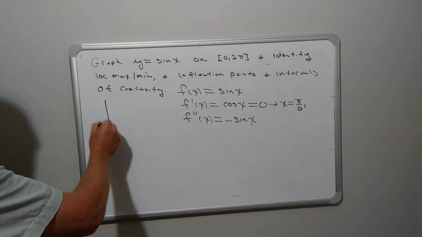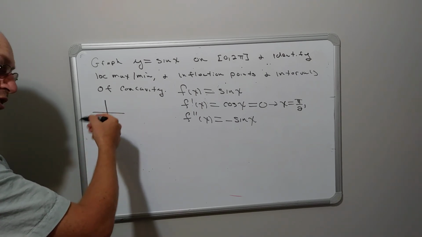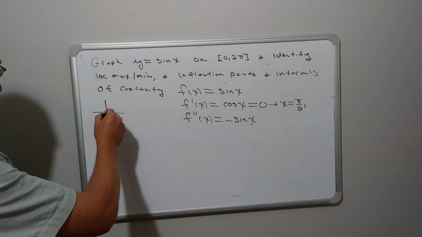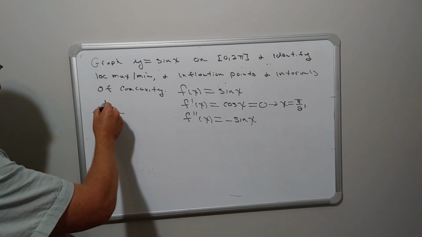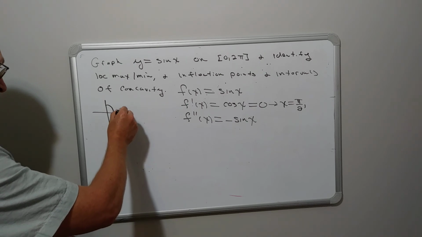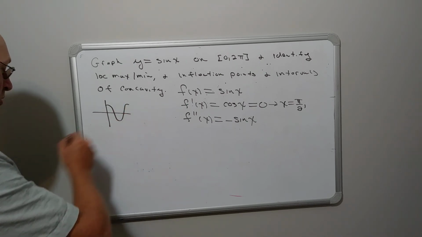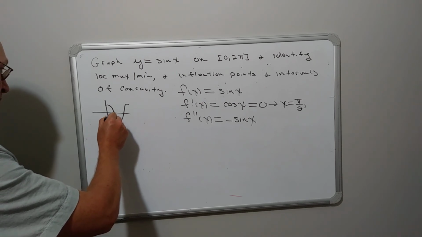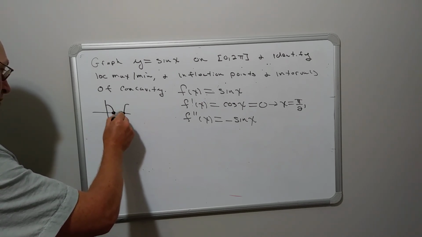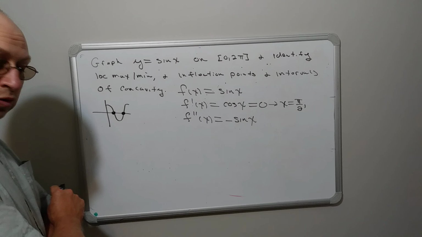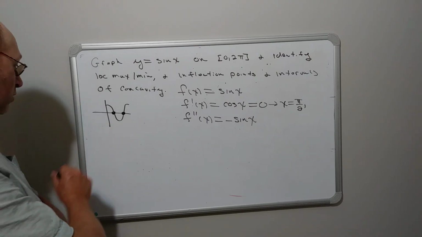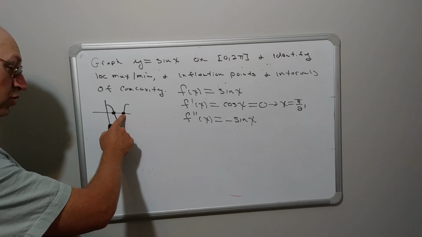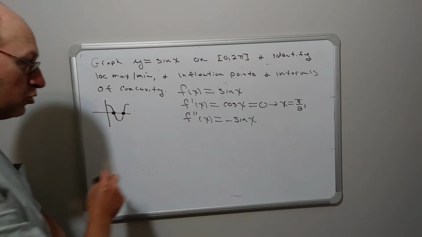If you don't remember, I know it seems like we're cheating using the graph to answer these questions, but you just need to really know where the graph crosses the axes. So here's the graph of the cosine, and either using the unit circle or memorizing the graph, 90 degrees, 270 degrees, 3 pi over 2.